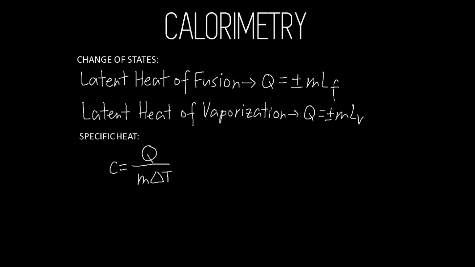As we can see, we have the formula mass times L_F, or the heat of fusion. It is the amount of heat that must be added to a unit quantity, it can be 1 kilogram or 1 pound, of a substance at its melting point to change it from solid to liquid.